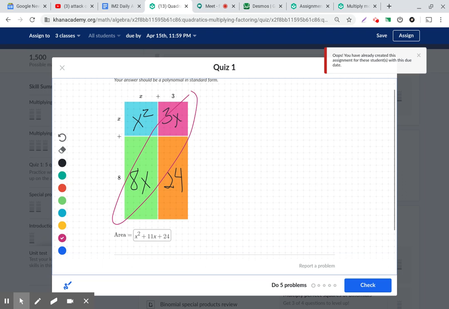Assignments, manage. Here we go. Multiply.